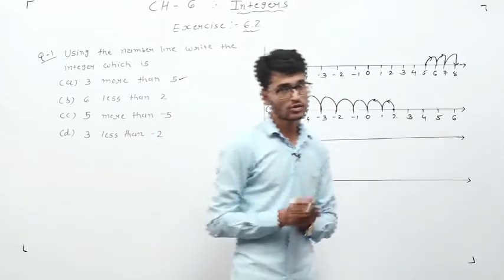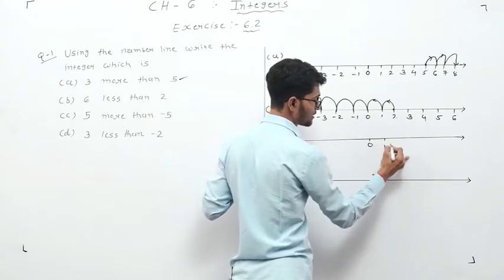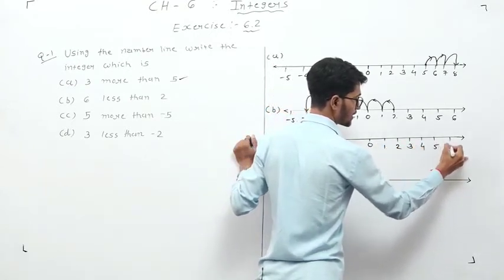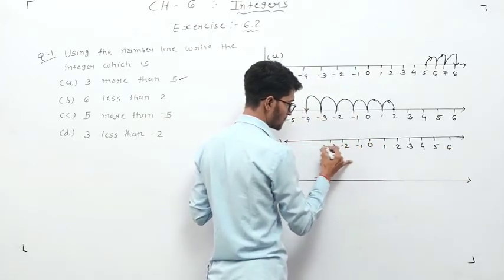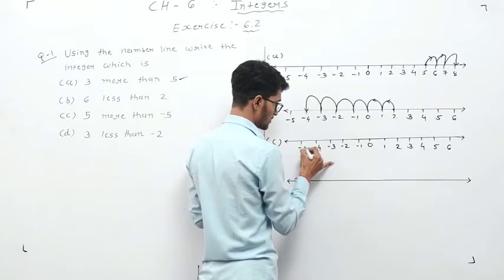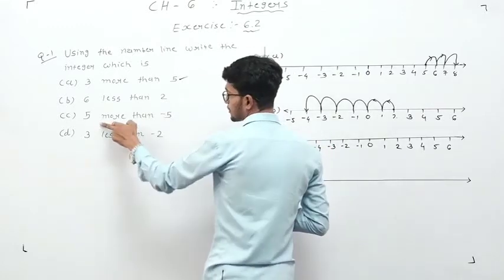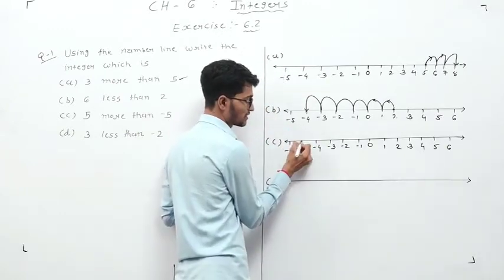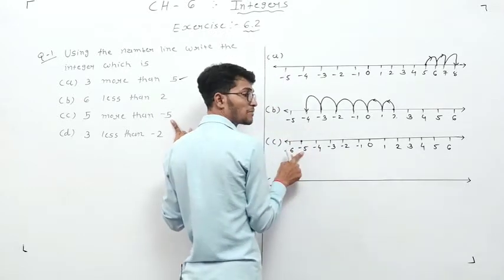Next, 5 more than minus 5. First of all, draw a number line: between 0, on this side positive 1, 2, 3, 4, 5, 6, and on this side minus 1, minus 2, minus 3, minus 4, minus 5 and minus 6. First check the last digit, which is minus 5, so this one is minus 5.